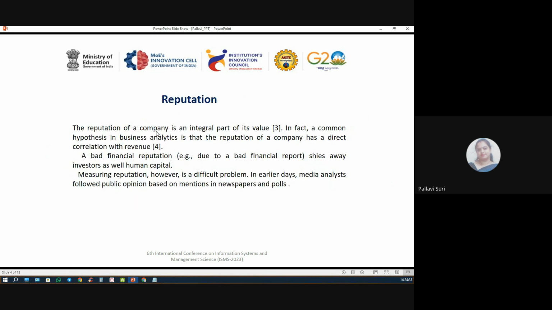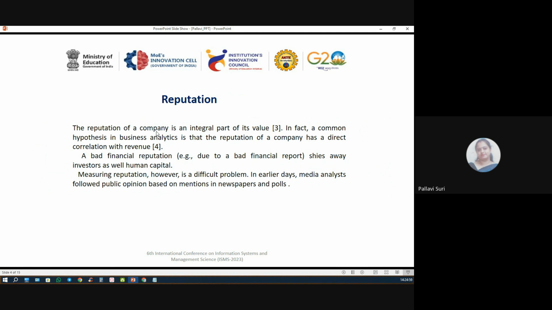Next is reputation. The reputation of a company is an integral part of its value. In fact, a common hypothesis in business analytics is that the reputation of a company has a direct correlation with revenue. A bad reputation shies away the investor as well as human capital. Measuring reputation is a very difficult problem.